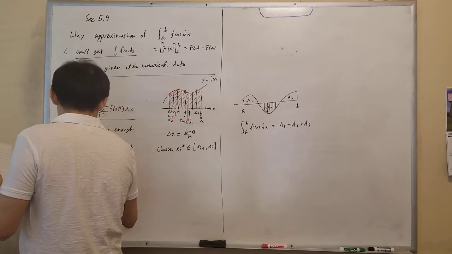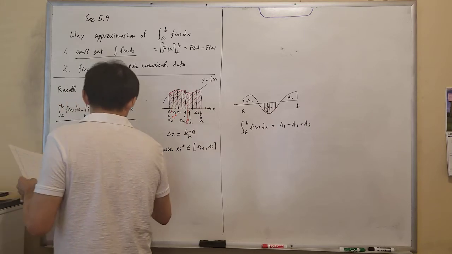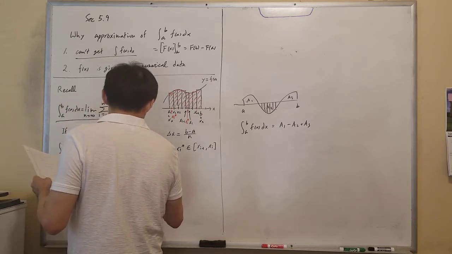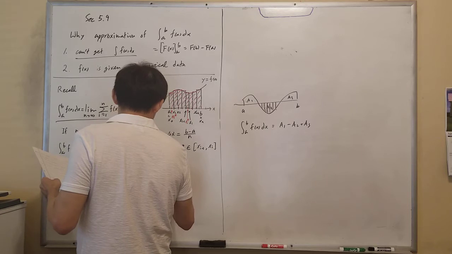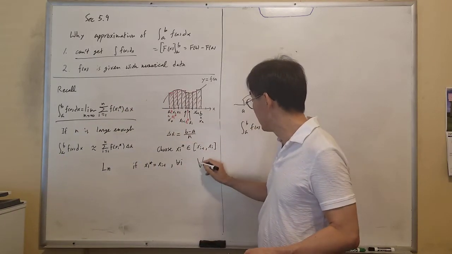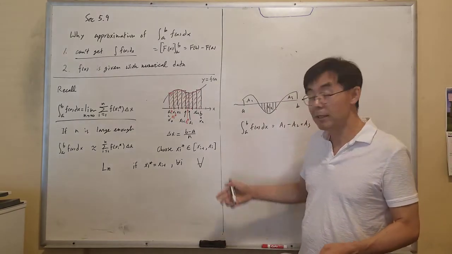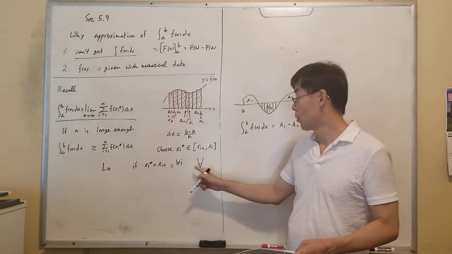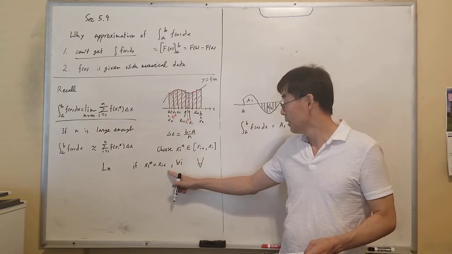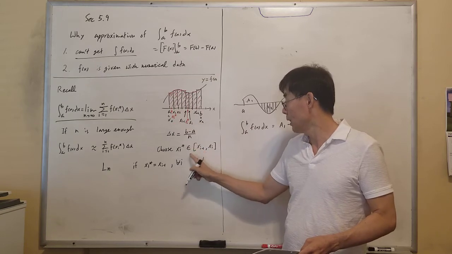Now that would be called Ln if we use xi star equal to xi minus 1 for all i. The upside down capital A means for all i. So for every subinterval, we choose the left endpoint.